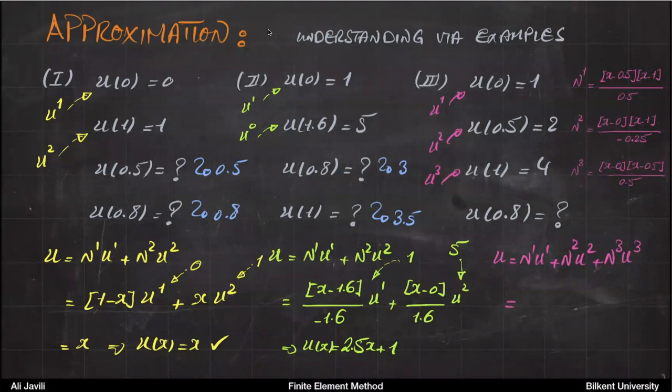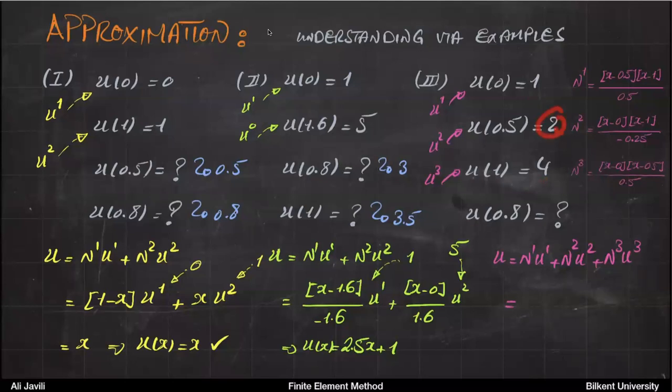So if you do that, again, remember u1 is just 1, u2 is 2, u3 is 4. So all you need to do is to insert those values, but also remember they have these numbers. So for instance, here when you insert 1, 1 divided by 0.5, that gives you a 2.